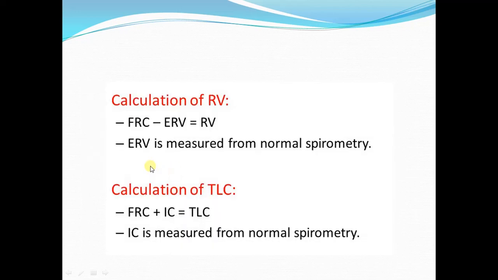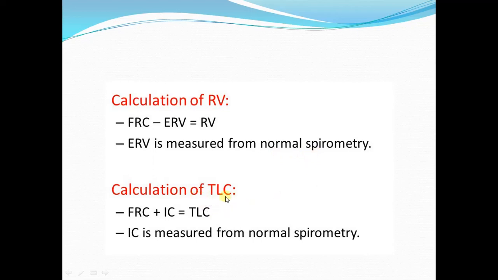Once the functional residual capacity is calculated, we can calculate the residual volume by subtracting the expiratory reserve volume from functional residual capacity. Ignore this point, this is not any sign, this is just a dash to show you a point. So residual volume can be calculated by subtracting the expiratory reserve volume from functional residual capacity, and expiratory reserve volume is measured by direct spirometry.